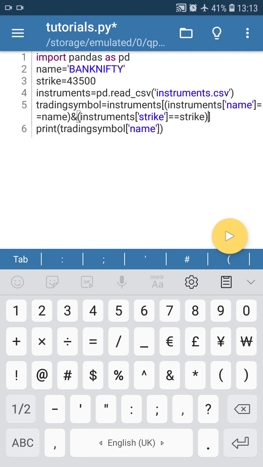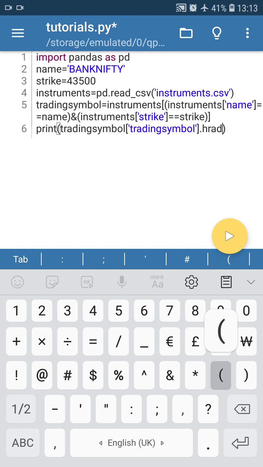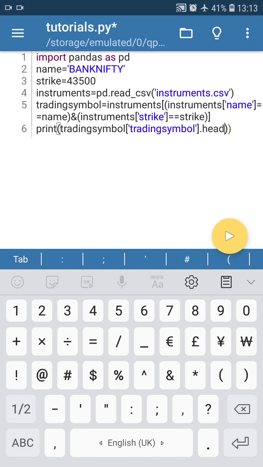Now suppose I talk about the trading symbol. I need to fetch the trading symbol, so I will check whether it is available or not. I try to figure it out with two symbols, meaning only two letters I require.